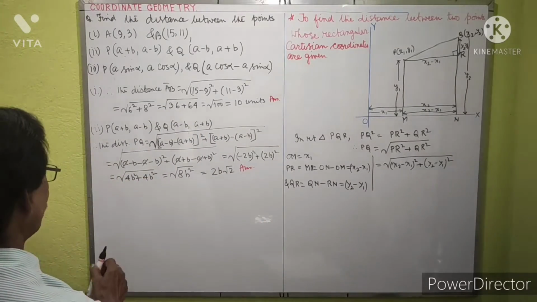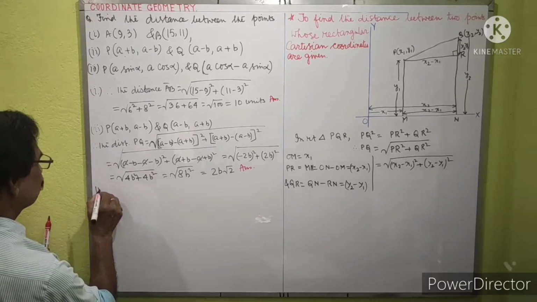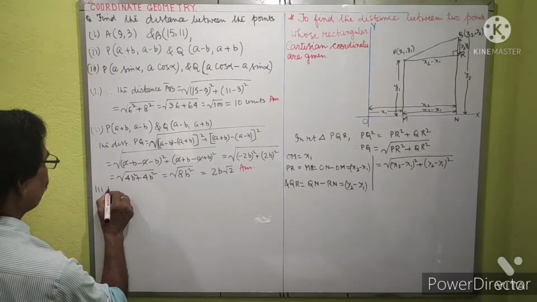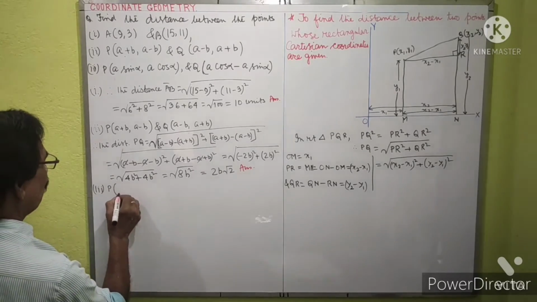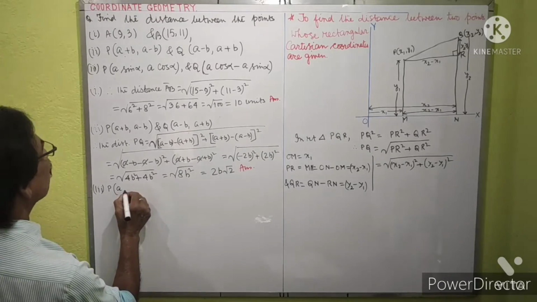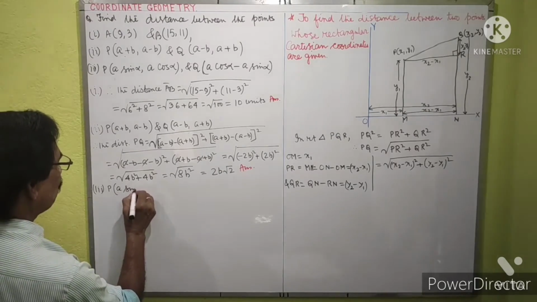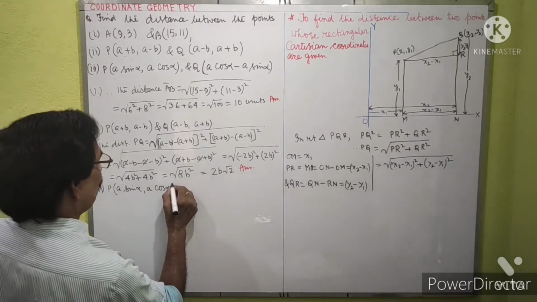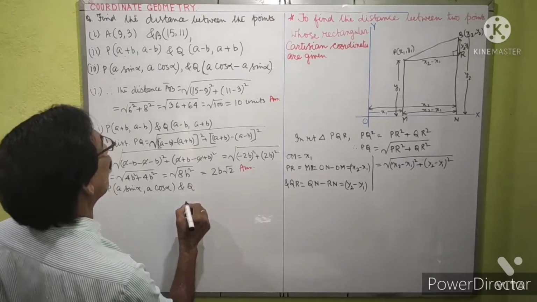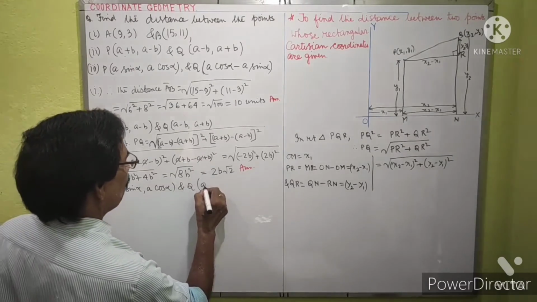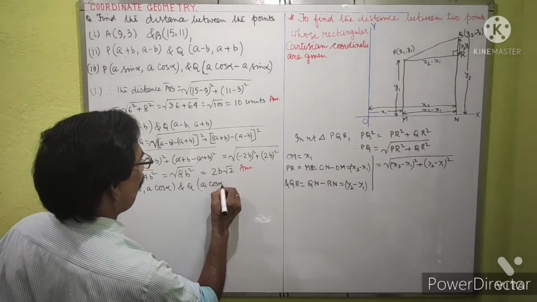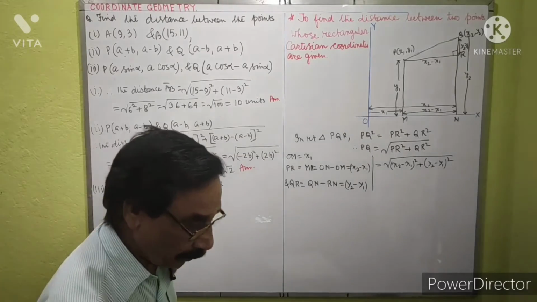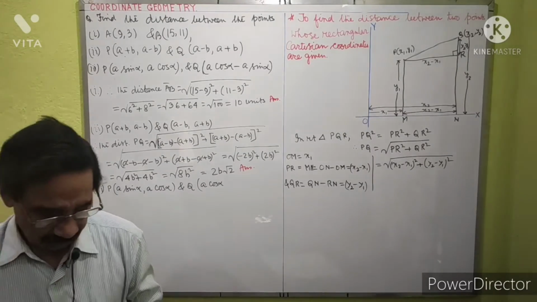Again, see number 3. It is given a point P (a sin alpha, a cos alpha) and Q (a cos alpha, minus a sin alpha).